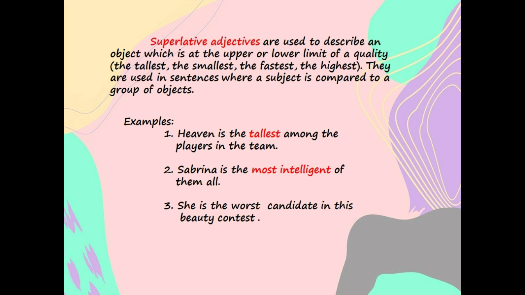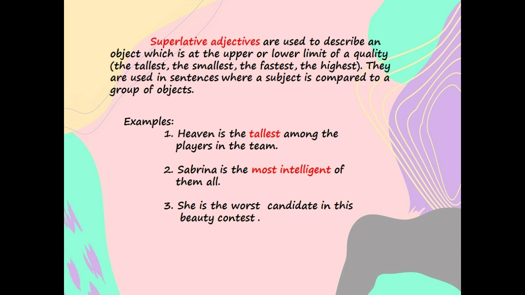Next, Sabrina is the most intelligent of them all. So we use this adjective intelligent. And intelligent is more than two syllables. That's why we use the word most with it in order to give the upper limit of quality.